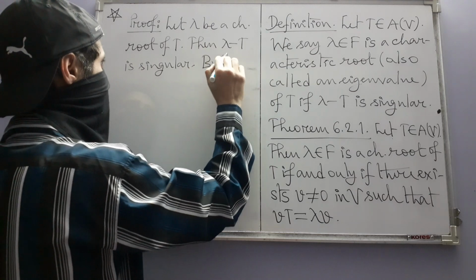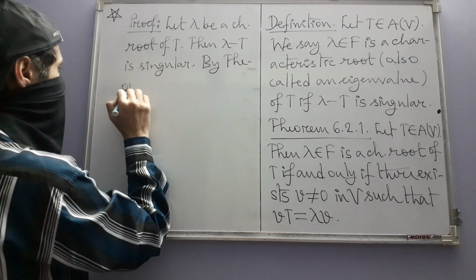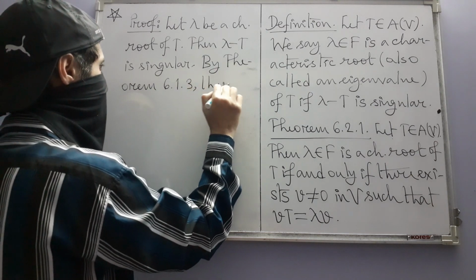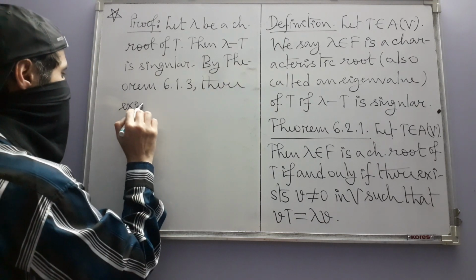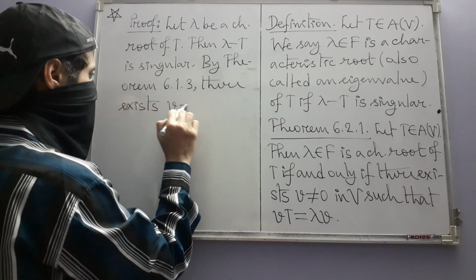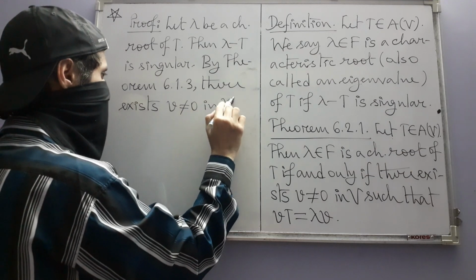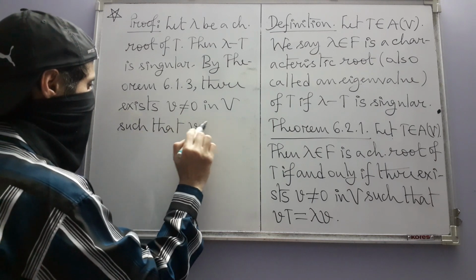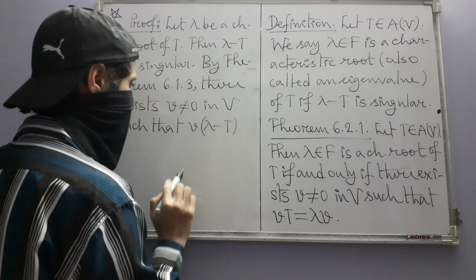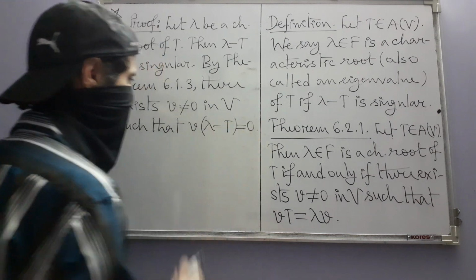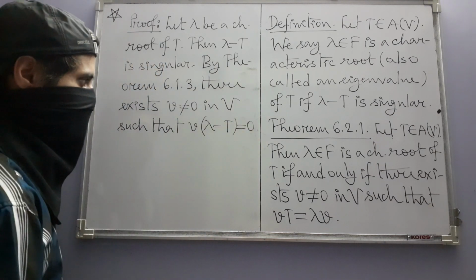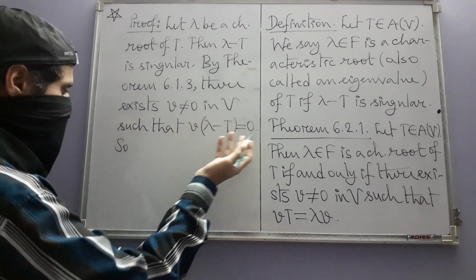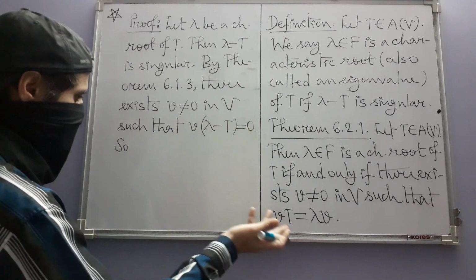By theorem 6.13, there exists a non-zero vector in V such that if you apply our singular operator on that vector, then you are going to get 0. That is the nature of singular operators. And from this, if you do the calculation, you are going to get this equation, of course.